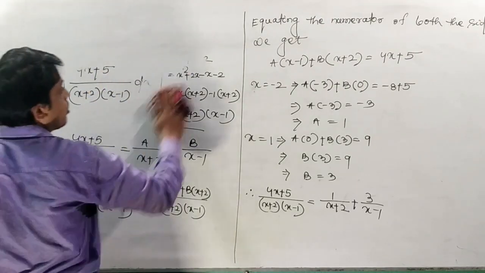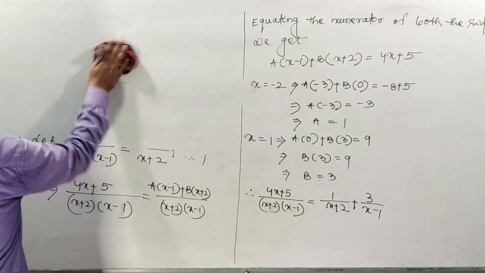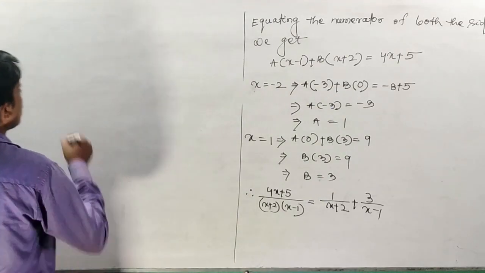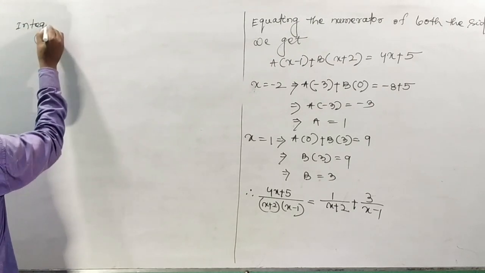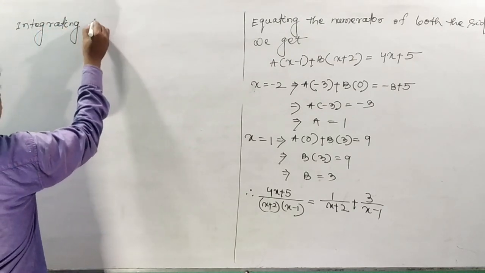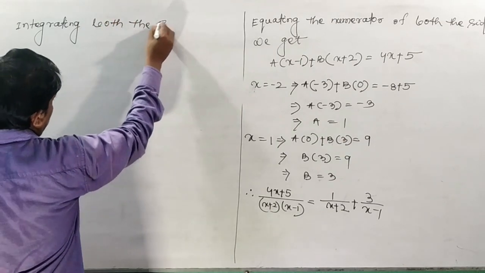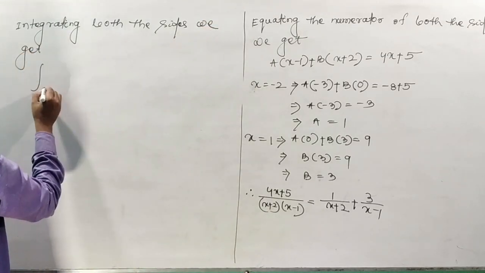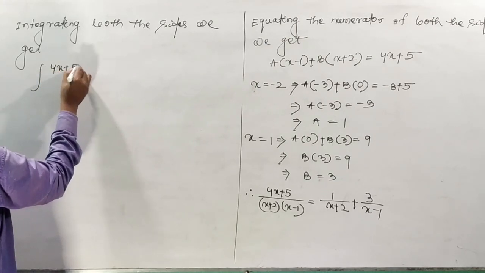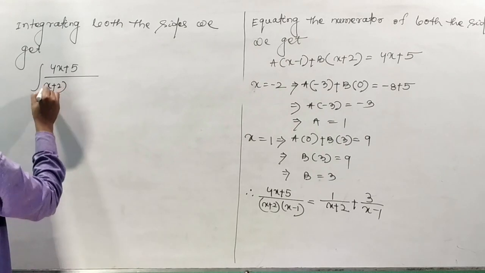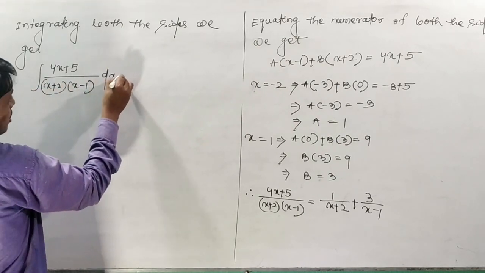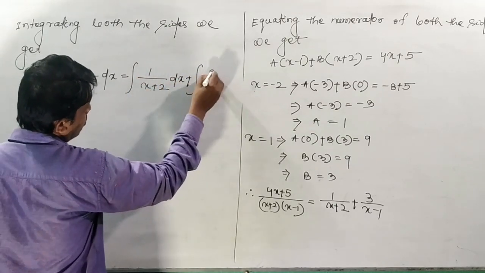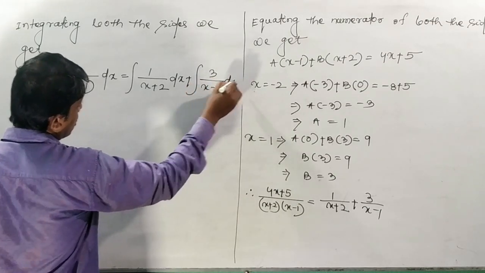So what should we write? Integrating both the sides, we get the integration of 4x plus 5 by x plus 2 into x minus 1 into dx is your integration of 1 by x plus 2 into dx plus integration of 3 by x minus 1 into dx.